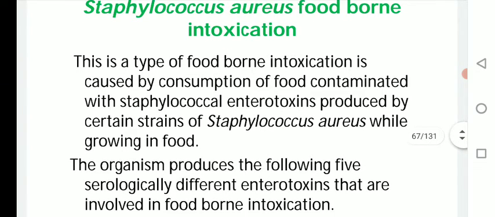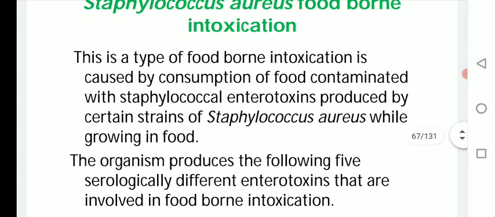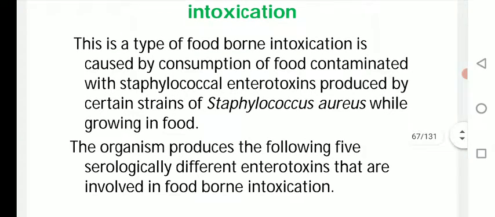This bacteria secretes an enterotoxin that is known as staphylococcal enterotoxin, and it affects the stomach part of our body. That's why it is categorized under enterotoxin, and this toxin is produced by Staphylococcus aureus while growing in food.